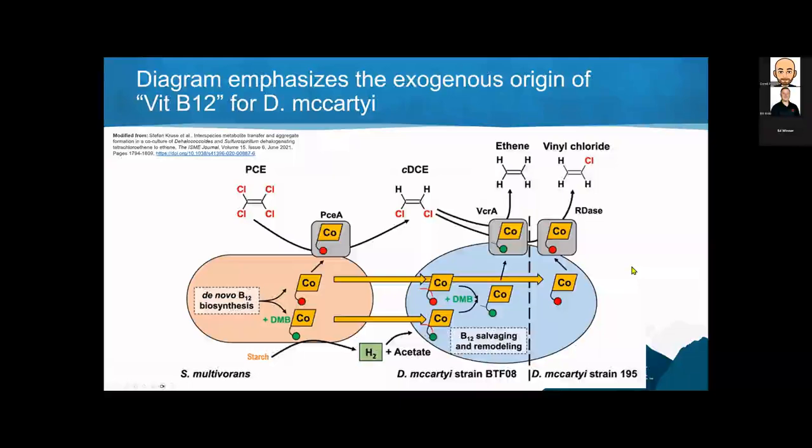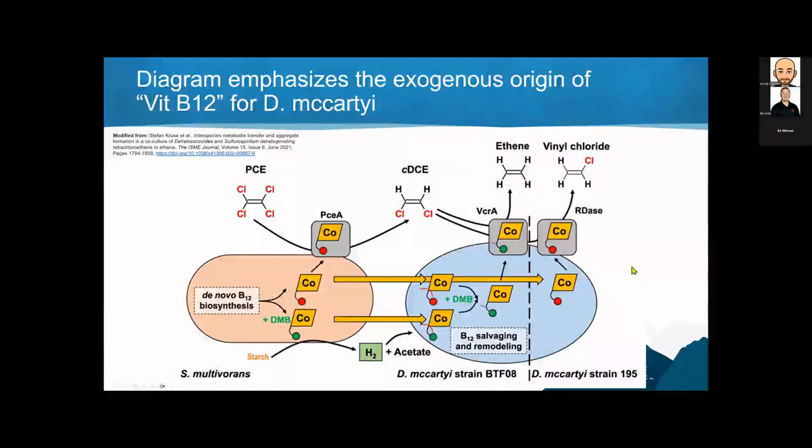So on the left here, in the peach color, we have Sulfurospirillum multivorans. This is a very common bacteria in the subsurface that can actually make the core cobalamin for vitamin B12.